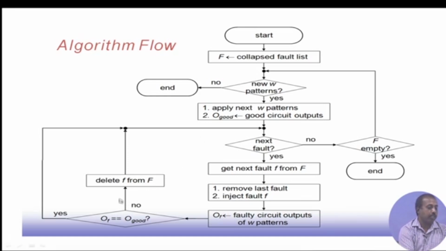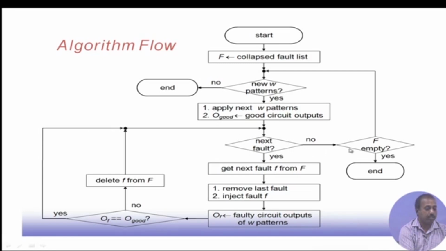In that case we delete F from the fault list, that means we have detected this fault, and it need not be considered anymore. We take the next fault and this process continues. If OF and O good are the same, then this set of W patterns could not detect this particular fault, so we try with the next fault.